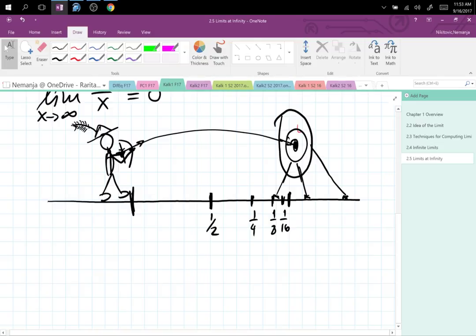If you model the remaining path, and that path is, in this case, 1 over 2 to the n, or 1 over 2 to the x, whatever, where x counts how many halves you have left, right?